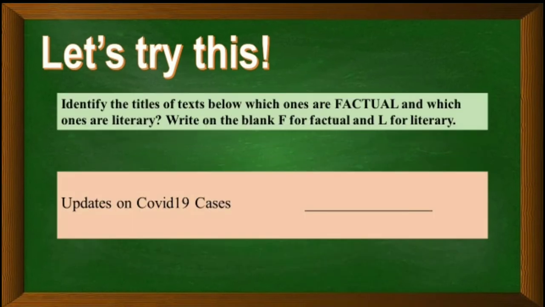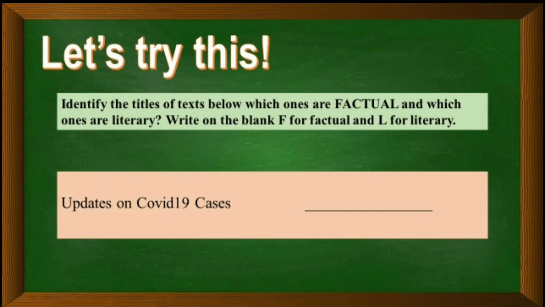And with that, let's try this type of text. Identify the titles of texts below, which ones are factual and which ones are literary. You just have to write the letter F for factual or L for literary. You don't have to write the whole word such as factual or literary. You just have to write F or L, okay? Let's try this one.